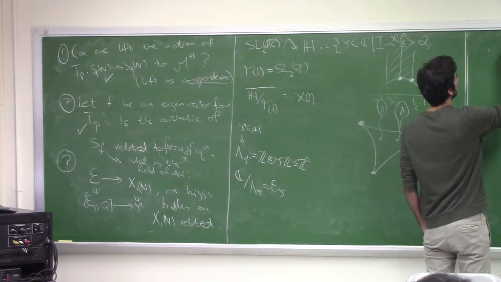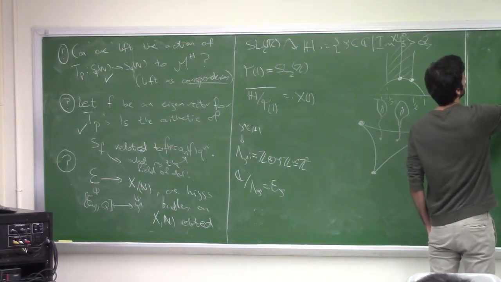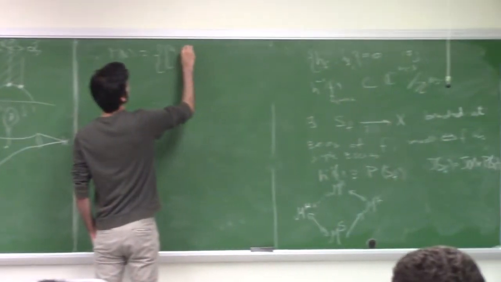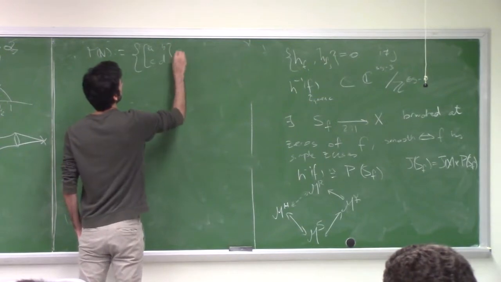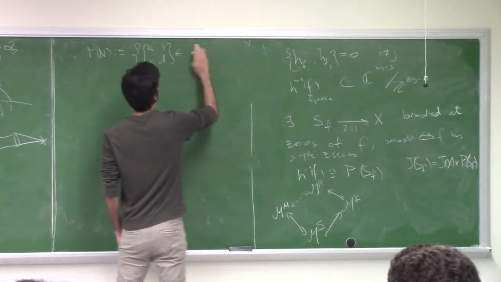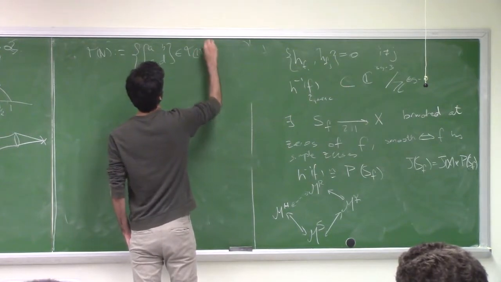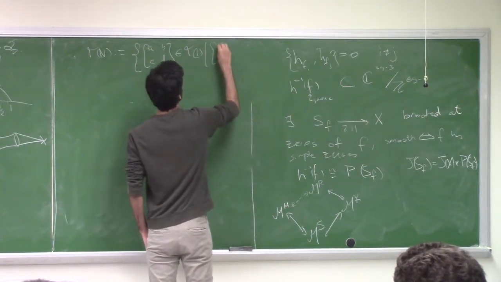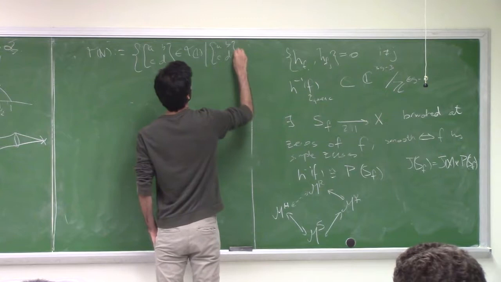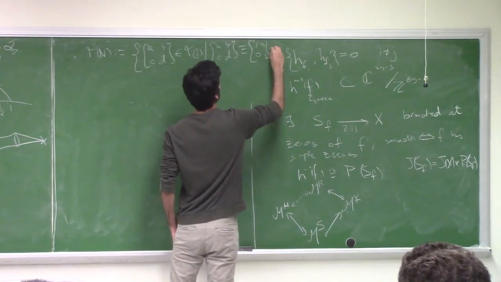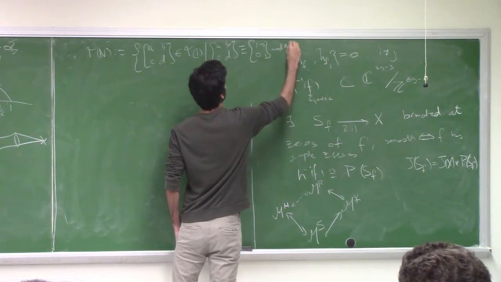There's gamma n, which is the set of matrices ABCD in gamma 1, such that they're congruent to the identity mod n.